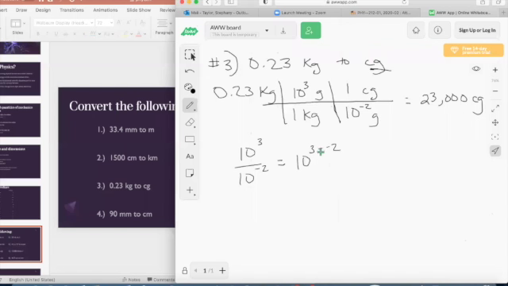So 3 minus a negative 2 is going to be plus plus, right? So this is going to be 10 to the fifth power. So that's why we're going from 0.23 and we're going over 1, 2, 3, 4, 5 decimal places. So that's why we added all of these zeros. You can just pick whichever one.